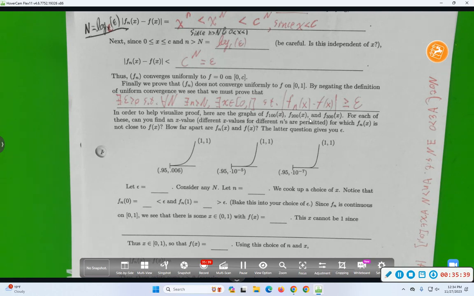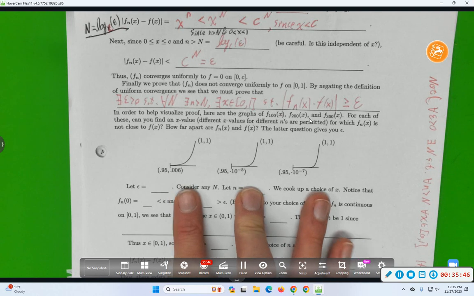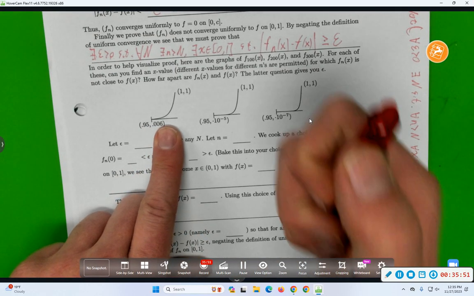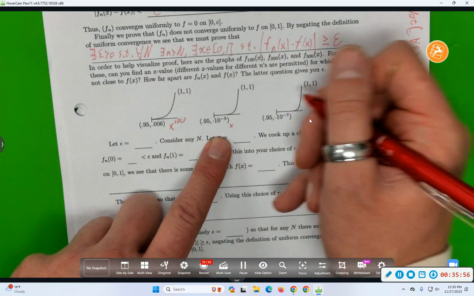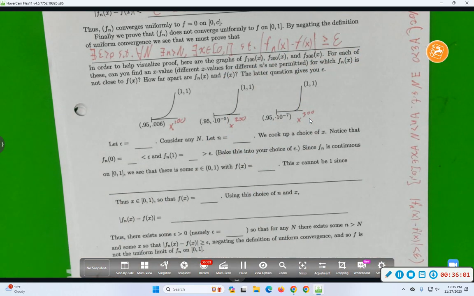And in order to help choose that number, and maybe even get an idea of how the proof is going to go, here are some really close zoomed in pictures of this for x to the 100, x to the 200, and x to the 300. Looking at each of those pictures, can you see a point where that graph is not very close to the limiting function?